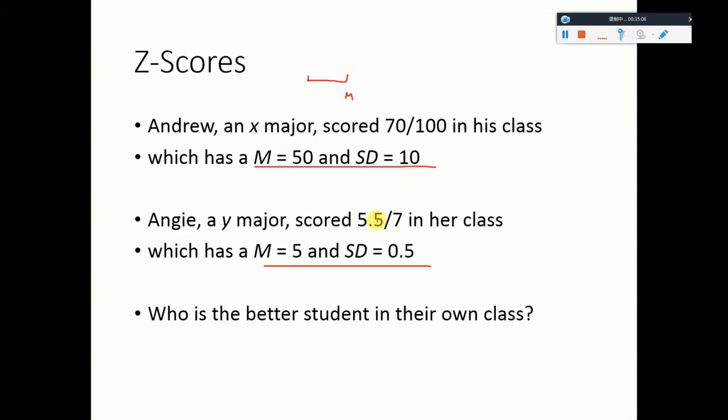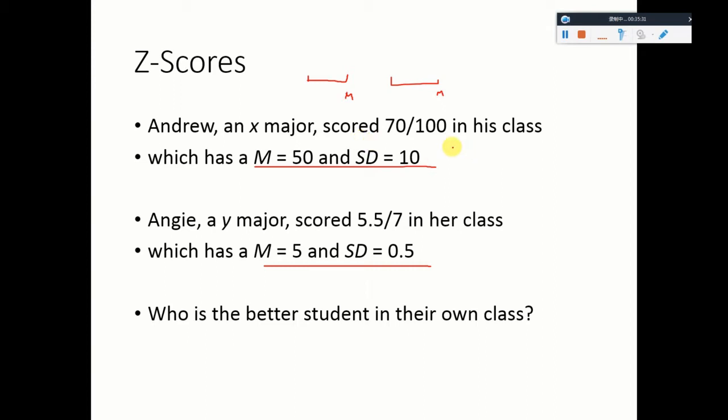And if we also convert the other score to another distance, which will be on the same scale, that will provide a common base for our comparison. Okay, so essentially we're calculating z-scores.